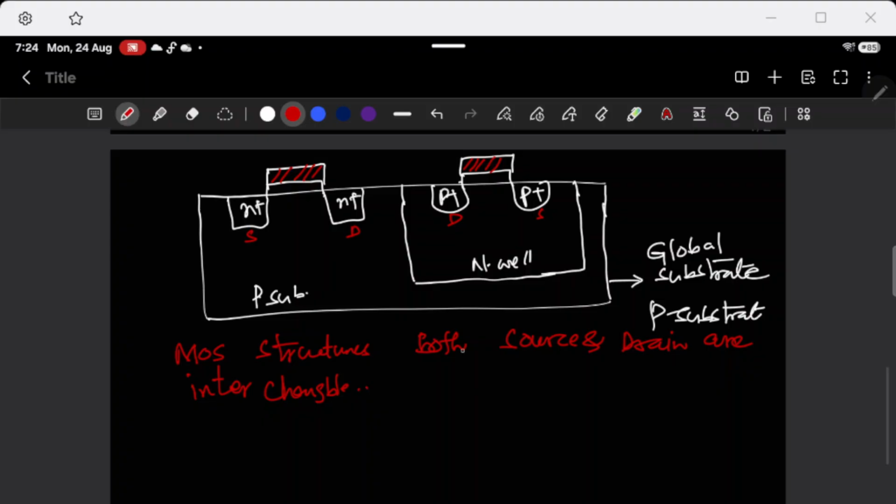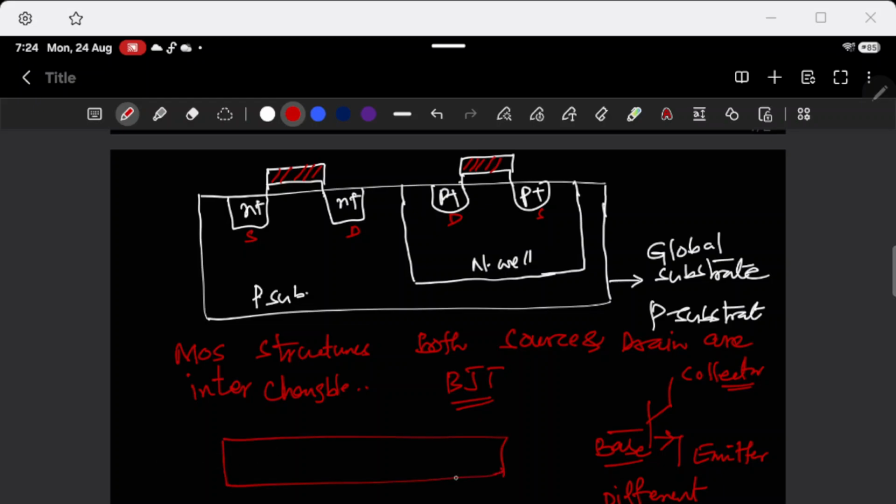This may not be possible in BJT because in a BJT, base, collector, emitter, all of them will have different areas. Okay, so I'm just giving a brief of it.